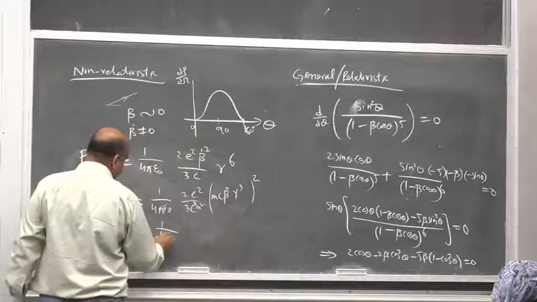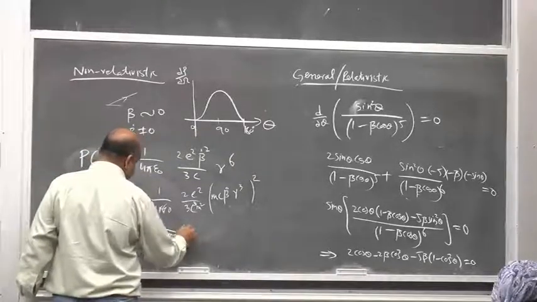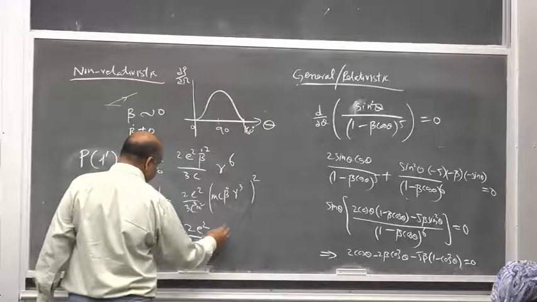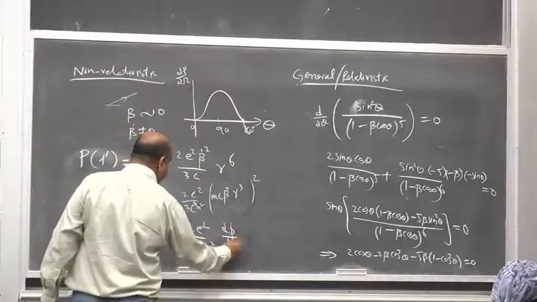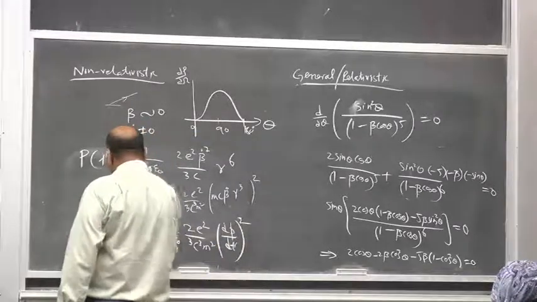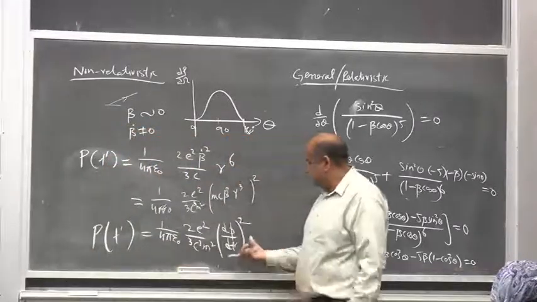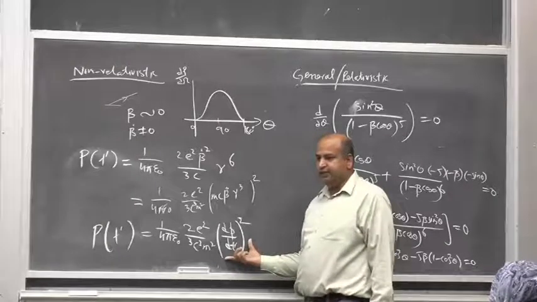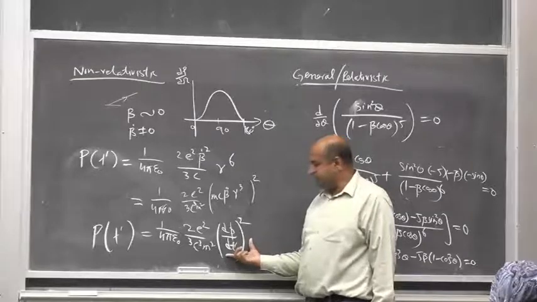So we have m square dp by dt. This is the radiated power, and this is the sort of force acting on the particle, which is accelerating the particle.